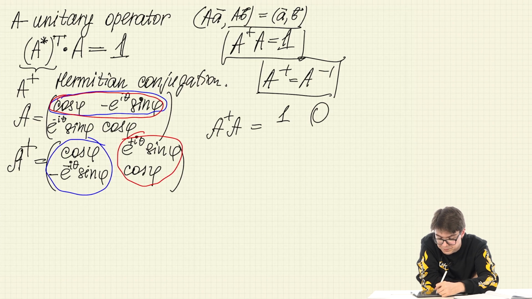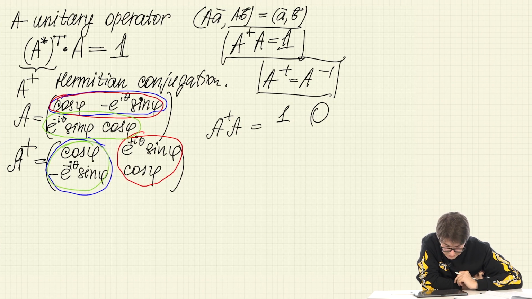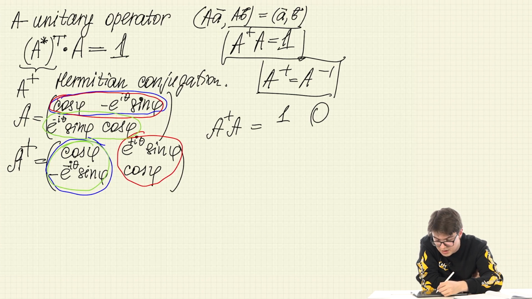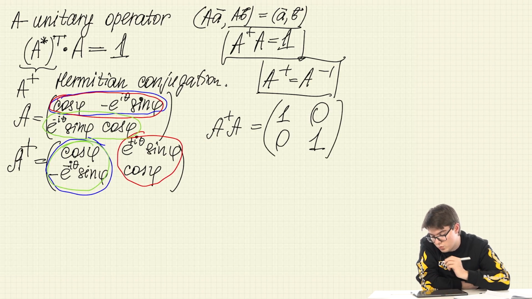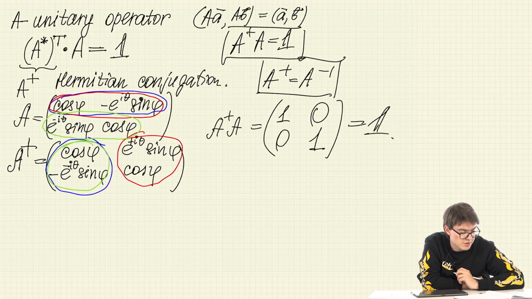That's great. Then we count this one, and it gives us also 0. And it is seen that the last one is 1. So it's a unity matrix. That's great.